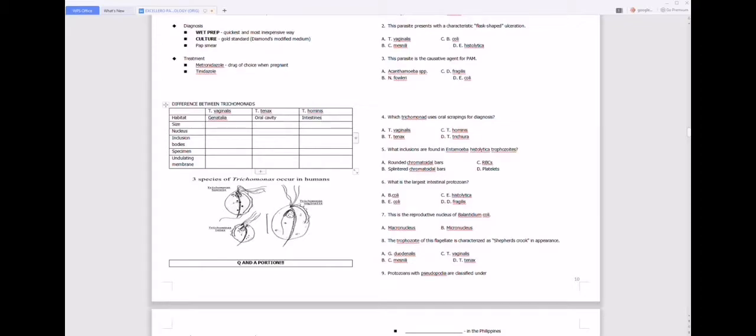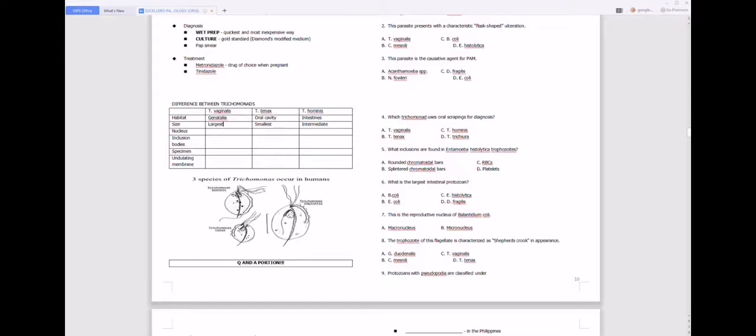Next is the size. The smallest of all the trichomonads is Trichomonas tenax. The medium size trichomonad is Trichomonas hominis, while the largest is Trichomonas vaginalis.